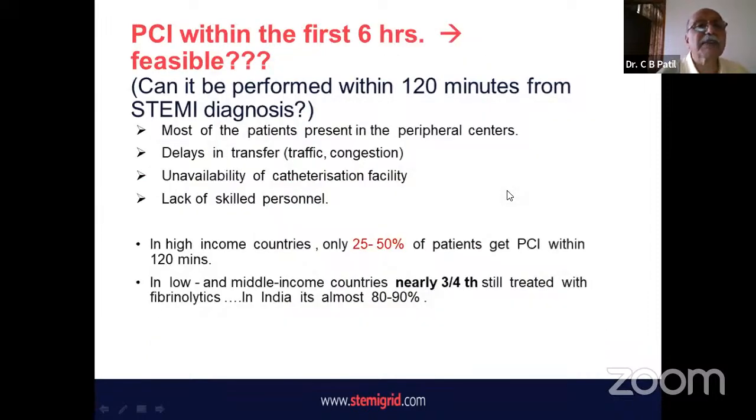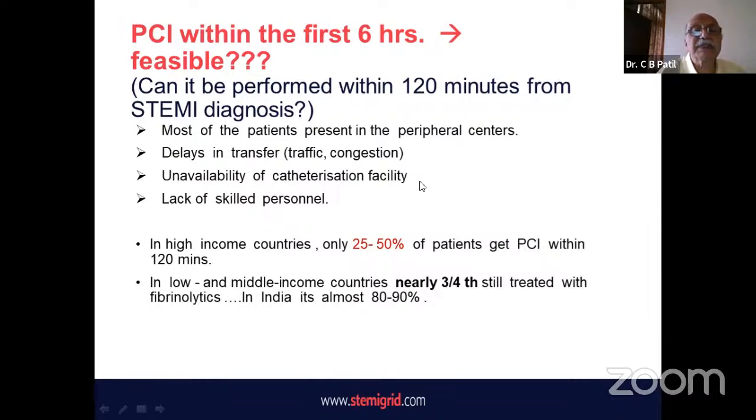So I think I have clarified all these things. Primary PCI within the first 6 hours: can it be performed within 120 minutes from STEMI diagnosis? Most of the patients present in the peripheral centers, that means villages or rural centers or community centers. And delay in transfer is also there because of the non-availability of vehicles, traffic congestion, social reasons, all these things.